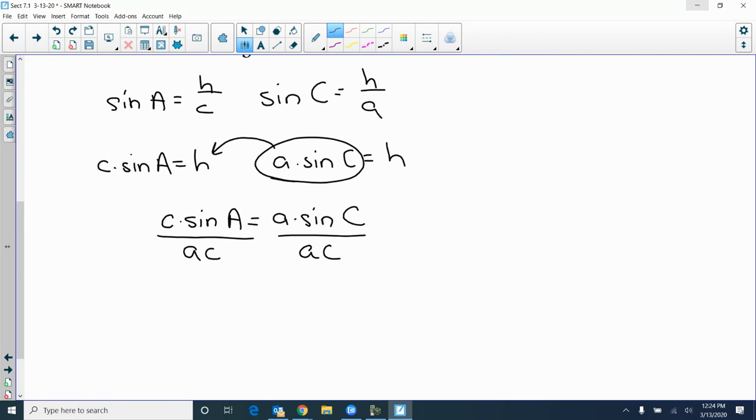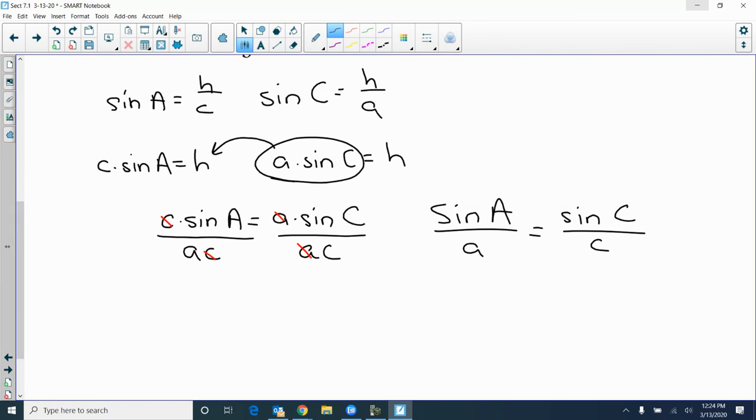The C's cancel on the left side, the A's cancel on the right side, and I've got sine of A over A equals sine of C over C. And there you go, there's your law of sines.